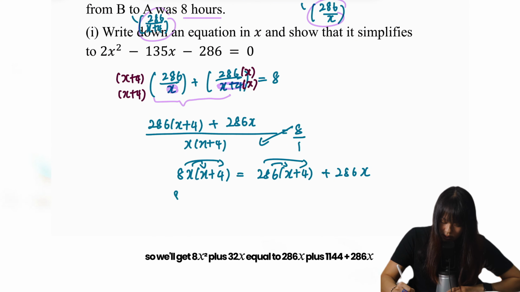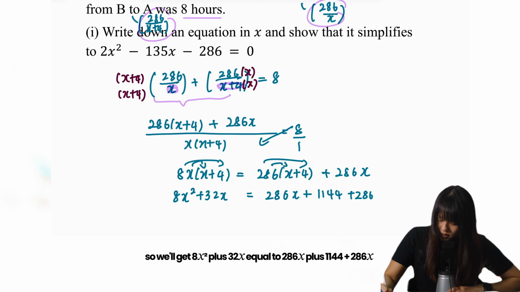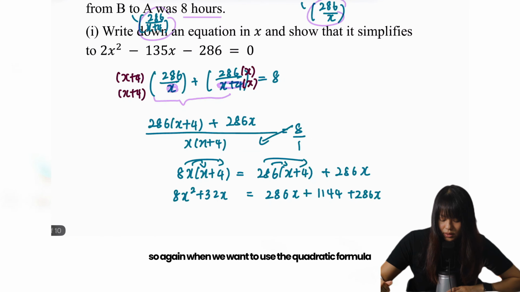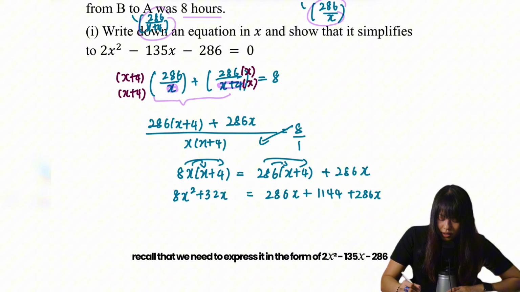So we'll get 8x squared plus 32x equal to 286x plus 1144 plus 286x. Again, when we want to use the quadratic formula, recall that we need to express it in the proper form.